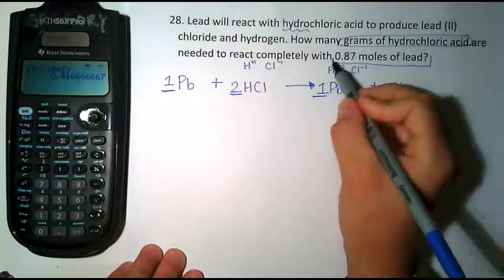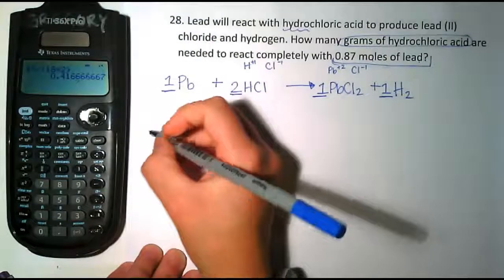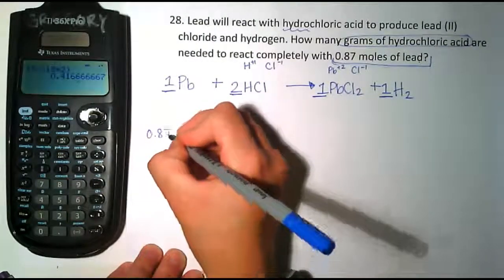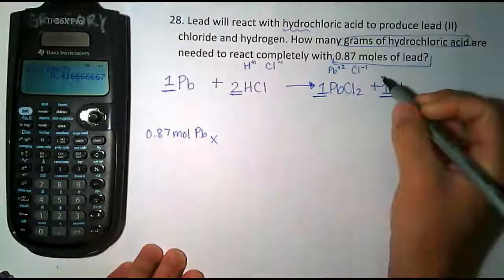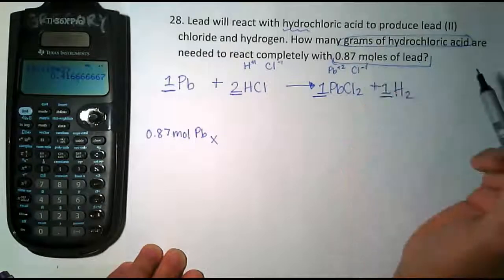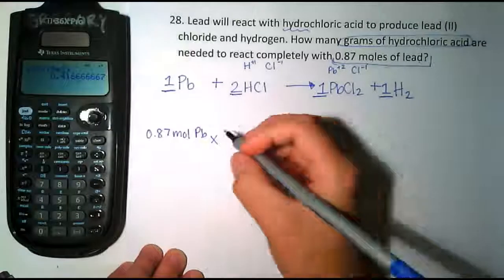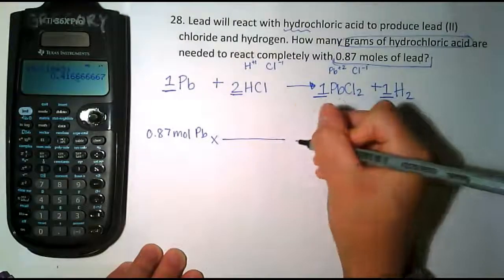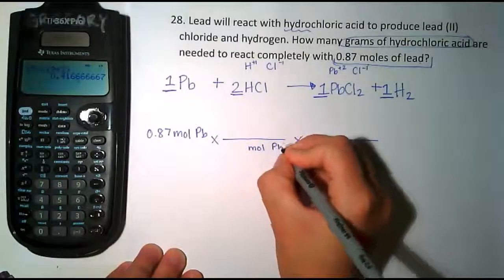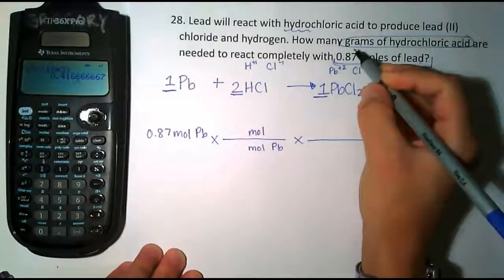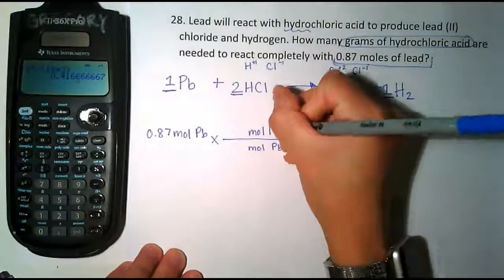Now let's start with our given value, unit, and substance. So 0.87 moles of Pb. And we're doing a mole to gram conversion. So that's going to require 2 steps. Our first step is going to take moles of lead and take it to moles of our new substance, hydrochloric acid, HCl.